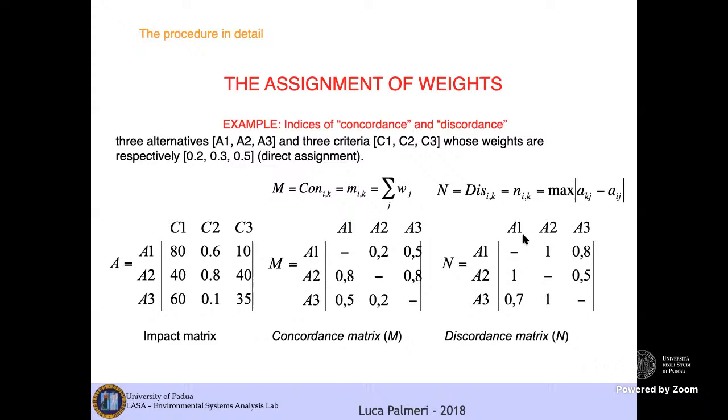The discordance matrix is a little bit more sophisticated. The point is that in the discordance matrix, you should put into the matrix the maximum difference between the values in the indicator column, so in the criteria column described by the indicator.